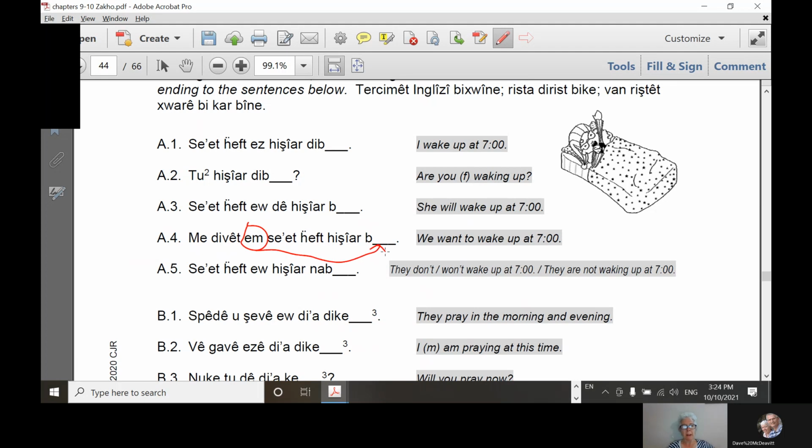Now you say, but I thought ma was my subject. Well, it is. Ma dvet. Now that is an independent clause. We want. In Kurdish, it's independent. And then we wake up at 7 o'clock is the next part. So the first part is ergative. This part is ergative.